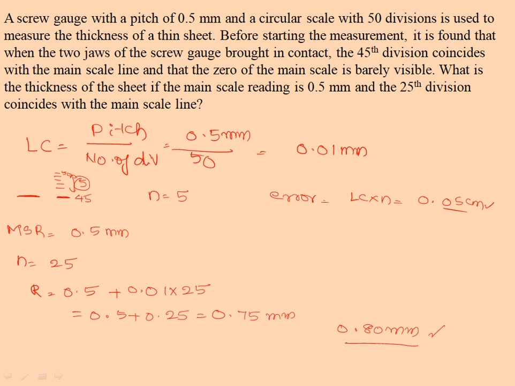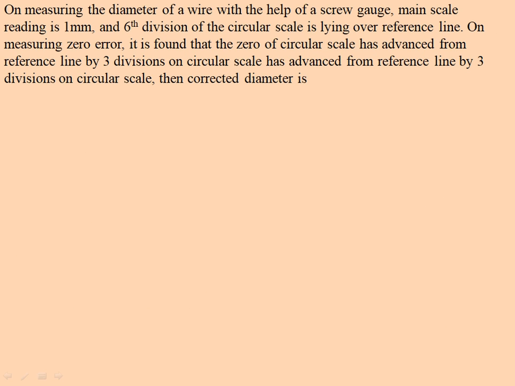The next question will be like this. On measuring the diameter of a wire with the help of a screw gauge, the main scale reading is given as 1 mm, and the sixth division of the circular scale is lying over the reference line, so n is given as 6. In this question the least count is not mentioned.